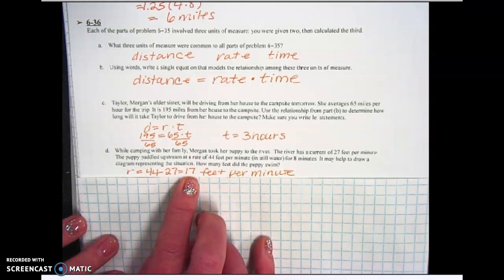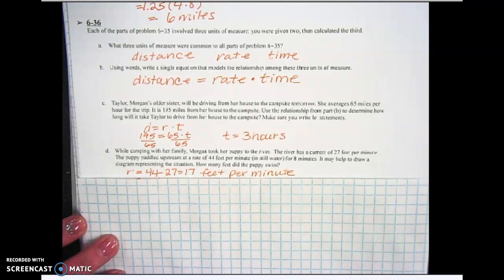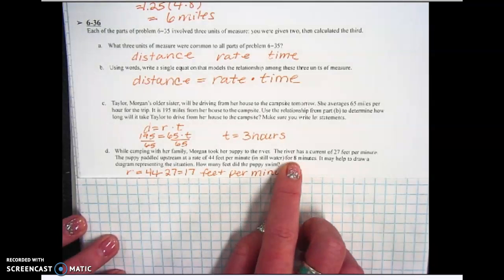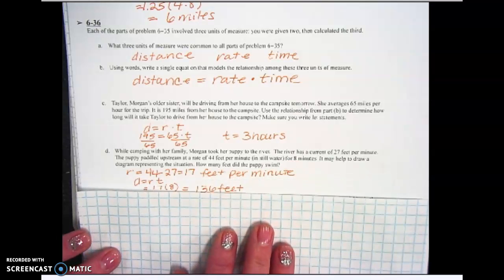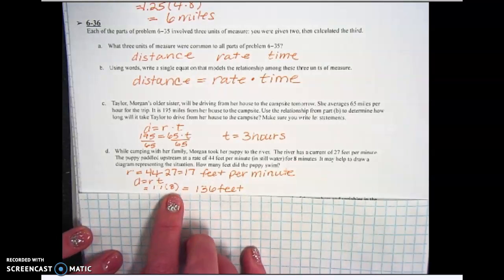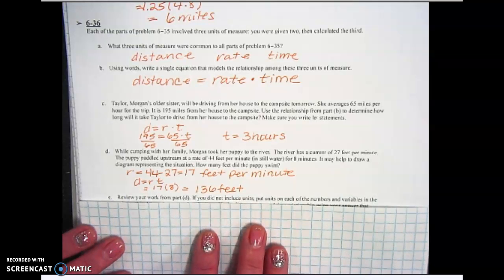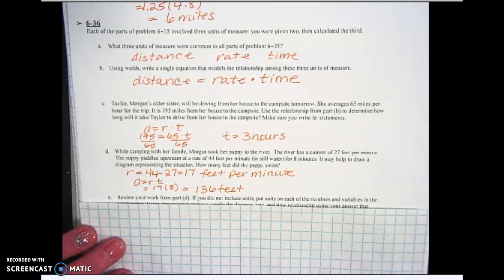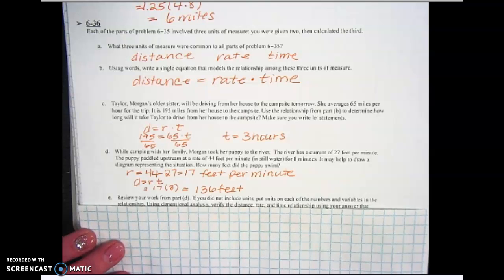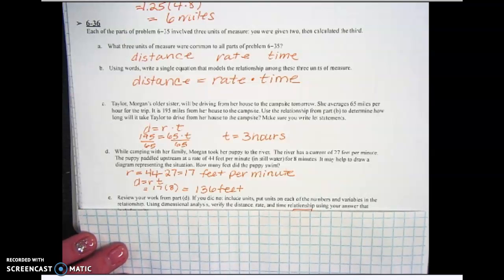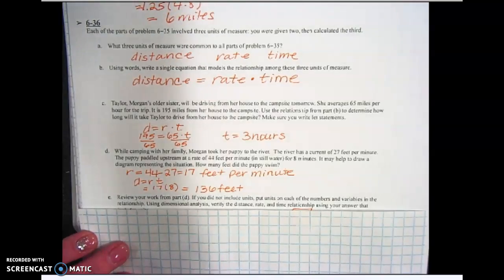That tells us the puppy is actually only swimming 17 feet per minute. If he's going to swim for 8 minutes, we're going to multiply the 17 times the 8. And that means that puppy is going 136 feet. All right, draw your puppy if you'd like. Draw the current if you'd like.